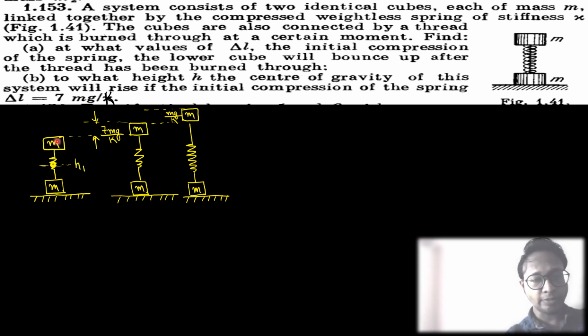Now when this mass moved upward, the center of mass will also move upward, isn't it? So from this position to this position, let's say the center of mass moved by h2 height. This is the center of mass of these two.